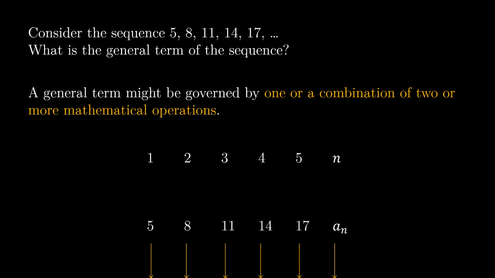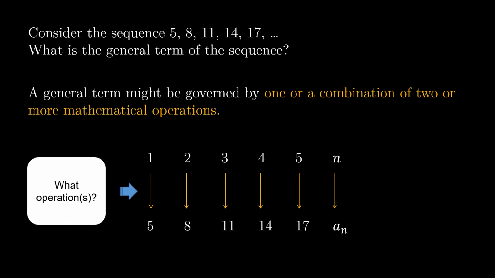So the question is, what operations or combination of operations are we going to apply to 1 to get 5, to 2 to get 8, to 3 to get 11, and so on?